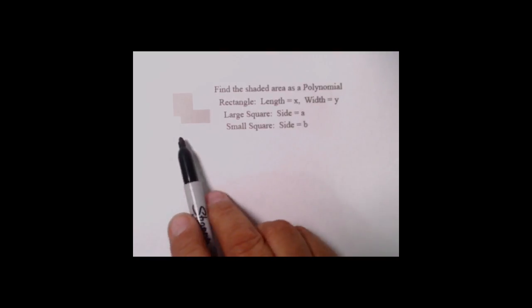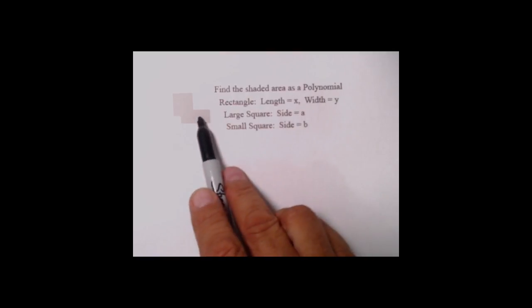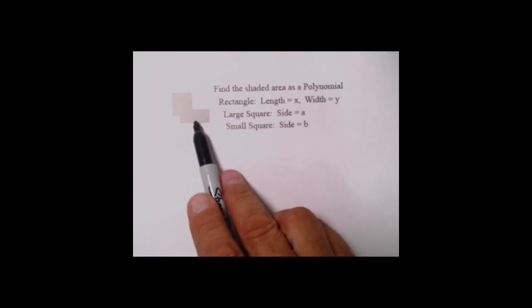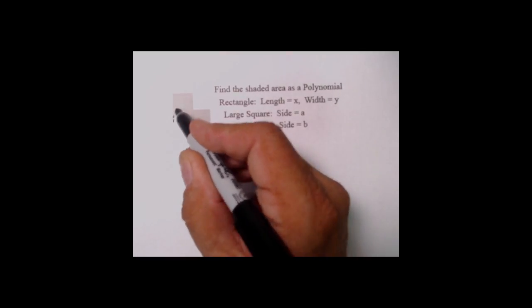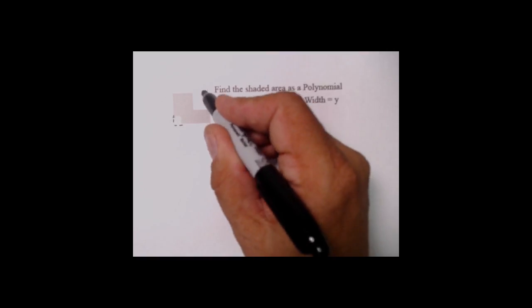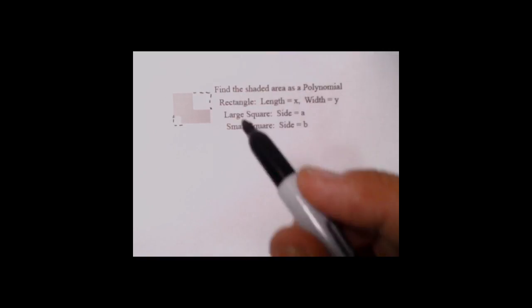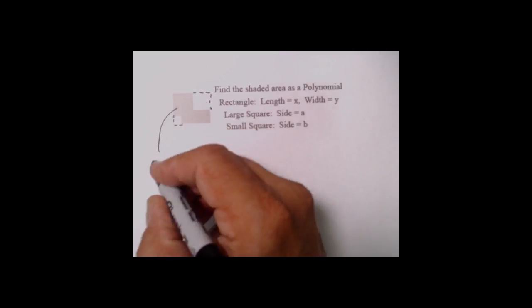Now, here we go. Find the shaded area as a polynomial. Okay, well, if you take a look at this, originally there was a rectangle here. I'll kind of dot in the other edges here. Here they are. So there's an original rectangle.